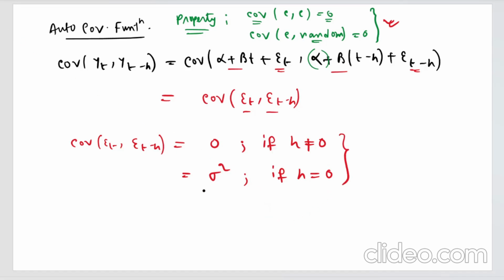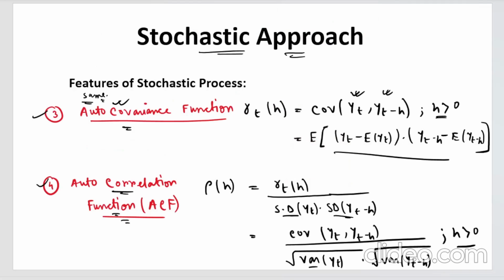Now again let me explain why this is true. If h equals 0, what will this be? This will be simply the covariance of epsilon t with epsilon t, since h is 0. This is simply the variance of epsilon t. If you know, the covariance of the same terms will give you the variance. This comes directly from the formula also, so you can check.